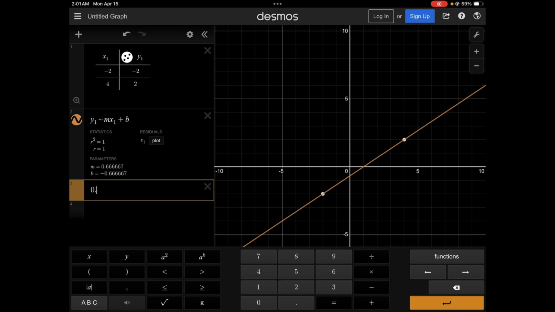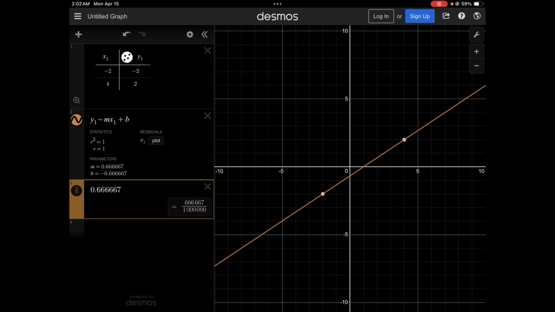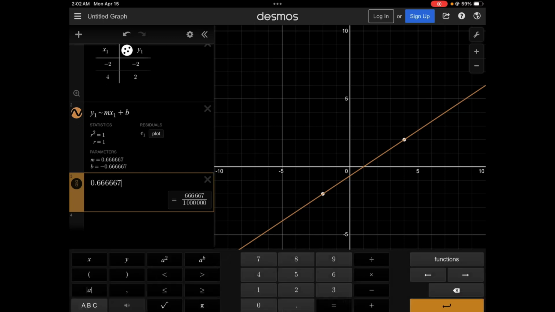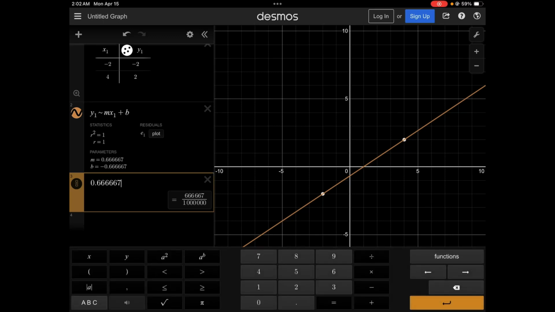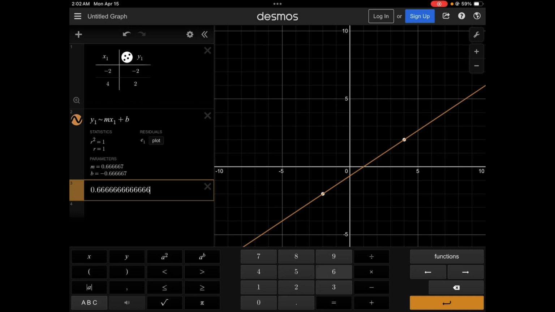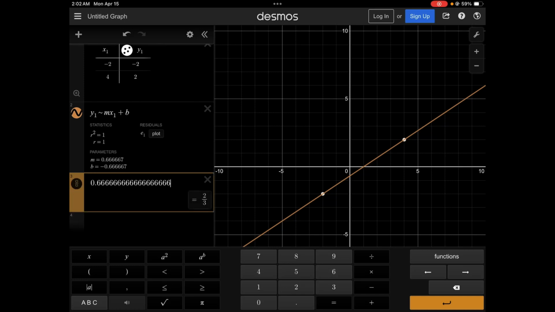If I put it exactly like it is, it has 1, 2, 3, 4, 5 sixes, and then I put a 7. Try to convert it to a fraction. That doesn't look like what I got. The reason why is that it's really a rounded decimal. In reality, it keeps going like this forever. And if you give it enough sixes, it's gonna realize that, oh, okay, that's what you mean.